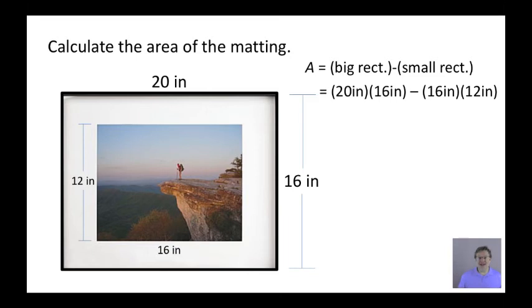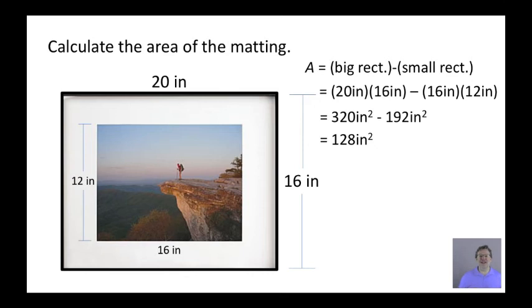That's the area of the biggest rectangle, and the area of the smaller rectangle in the center there is the 16 inches near the bottom and the 12 inches in the far left there. Those two multiplied give us the size of that smaller rectangle. If I subtract that off of the larger rectangle, then I get the area of the matting, the area that's left over, 128 square inches.